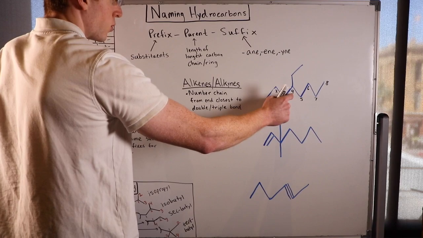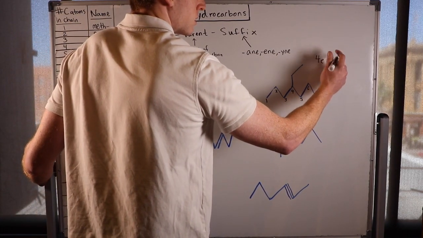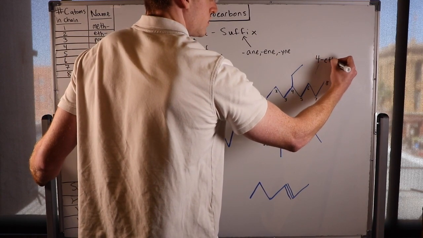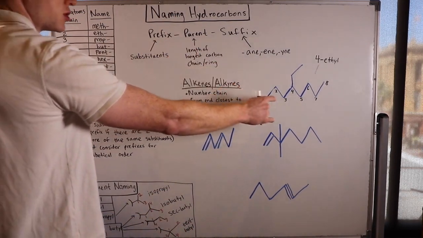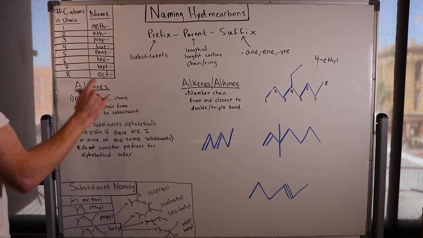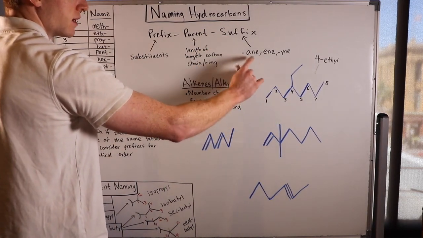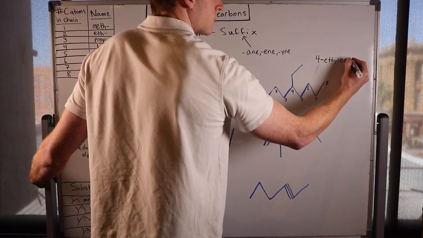It's on carbon 4. So we'll say 4, and we'll make a dash, ethyl. And then we need to name our parent carbon chain, which has 8 carbons, so that's going to be oct-. And then the suffix, we know it's an alkane, so this will be 4-ethyloctane.